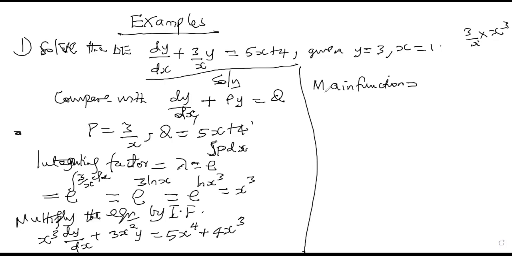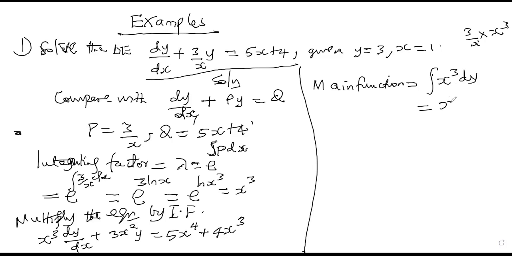The main function is the integral of that integrating factor with respect to y. So it is the integral of x cubed dy. When you integrate this, you get x cubed y, because if it was dx, it would be x to the power 4 over 4. But because it is dy, we are integrating with respect to y.